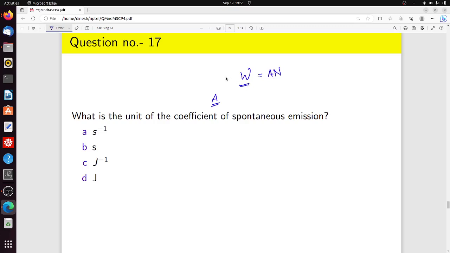And this rate is nothing but the number of particles emitting per time. So its unit is second inverse, and here N is dimensionless, so A should be second inverse. So A should be the right answer.